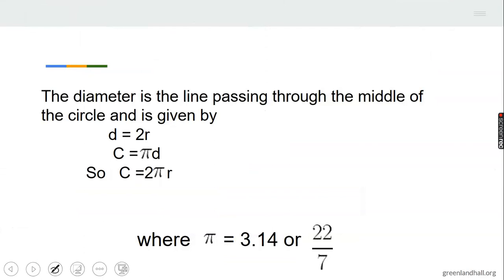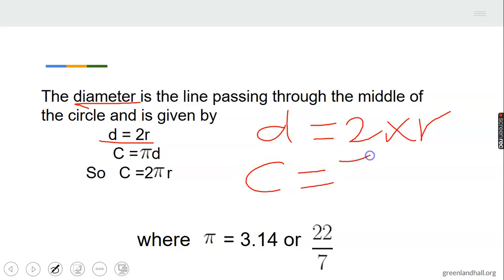Like I've explained earlier, the diameter is the line that passes through the middle of a circle, and the diameter equals twice the radius. And C equals pi multiplied by D, where D is the diameter.